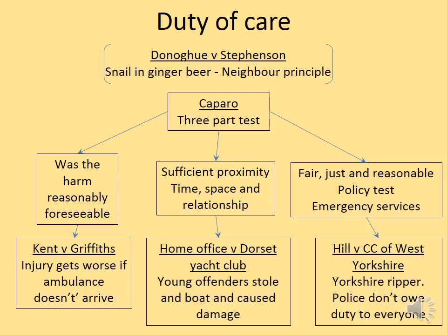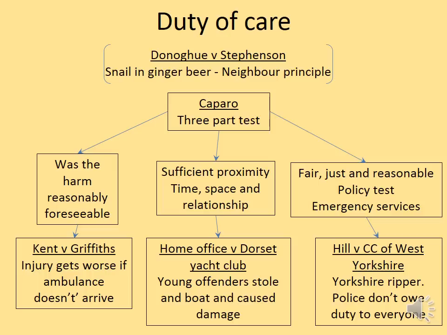You will then move on to, is there sufficient proximity in time, space, and relationship? And when you have a situation where your claimant and your defendant are in the same place at the same time, doing the same category of thing, so they're both road users, they're both in the same cafe, they're both in the same shop, they're both doing the same job, then there will probably be sufficient proximity. And finally, you'll look at, is it fair, just, and reasonable?